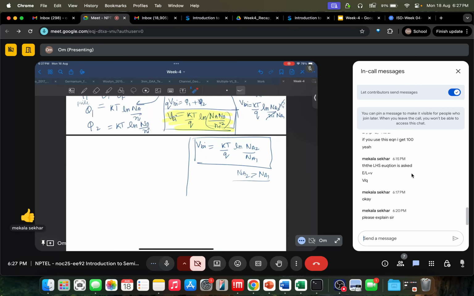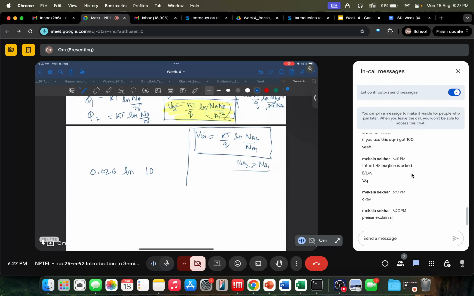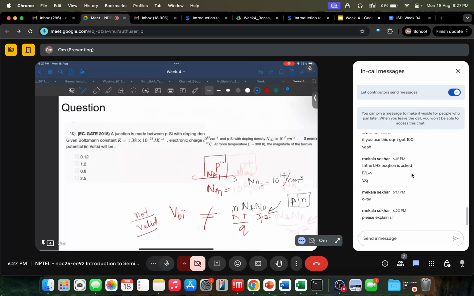So if we put the values, KT by q is 0.026 ln 10 to the power 17 by 10 to the power 15. This will give us VBI equals 0.121, which is option A.